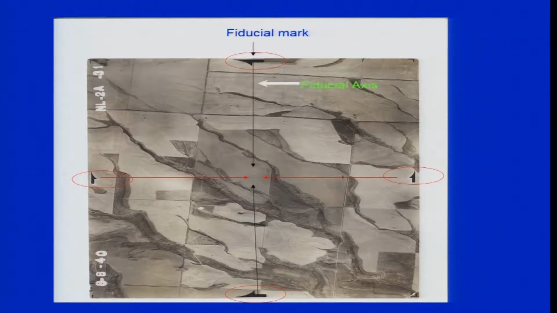Connect them, this is your fiducial axis, and this will be your principal point. You can also do this to get the principal point at the edges of the photograph where you do not have the fiducial mark available.